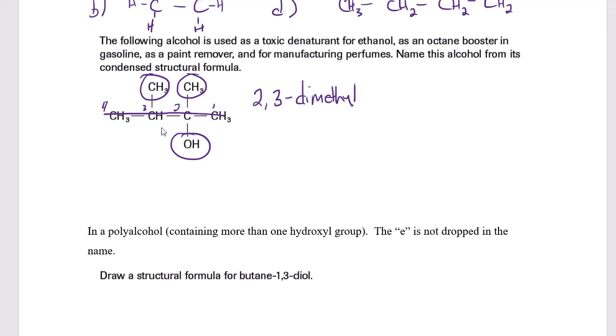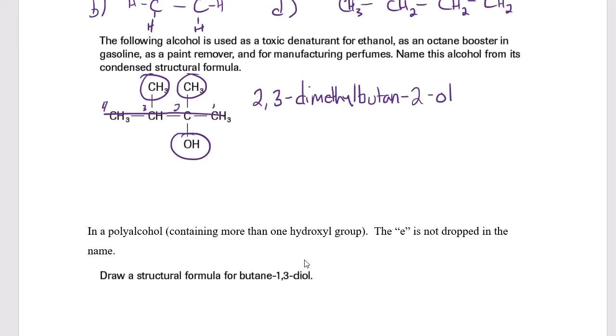Hopefully not. 2,3-dimethyl, and then it's butane. I do need the locant because the hydroxyl could have been on carbon 1, but it's on carbon 2. So 2,3-dimethylbutan-2-ol.